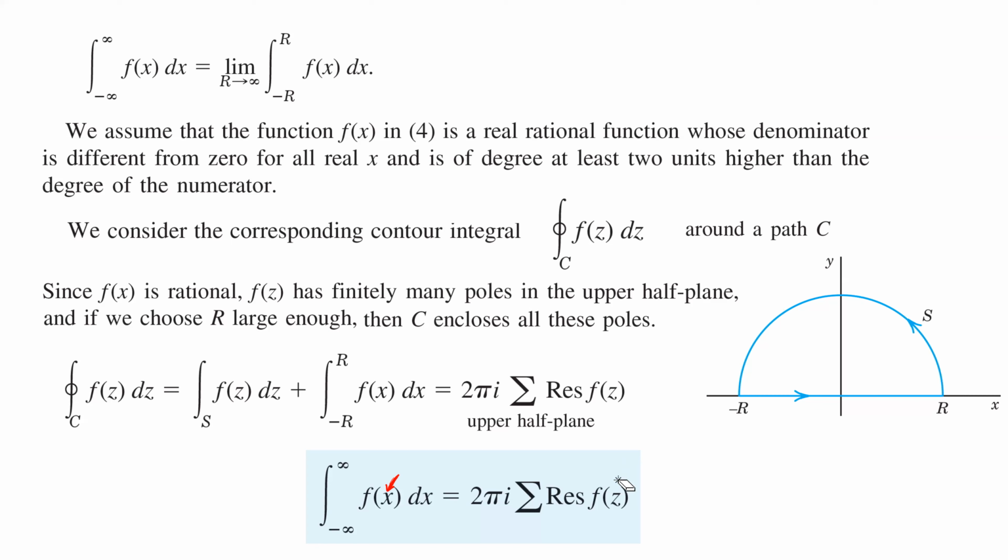So we look at it as a complex function, find its poles, see which ones are above the x-axis, find the residues at those points and multiply by 2 pi i, the sum of the residues times 2 pi i. All right. So this gives us that integral, the real integral. Any questions?